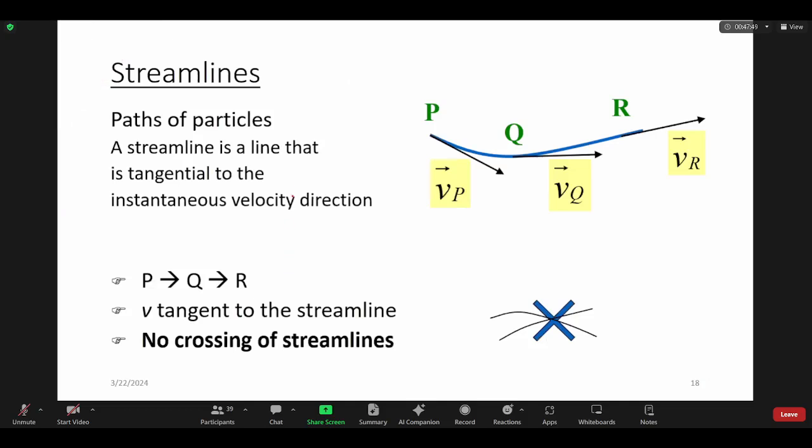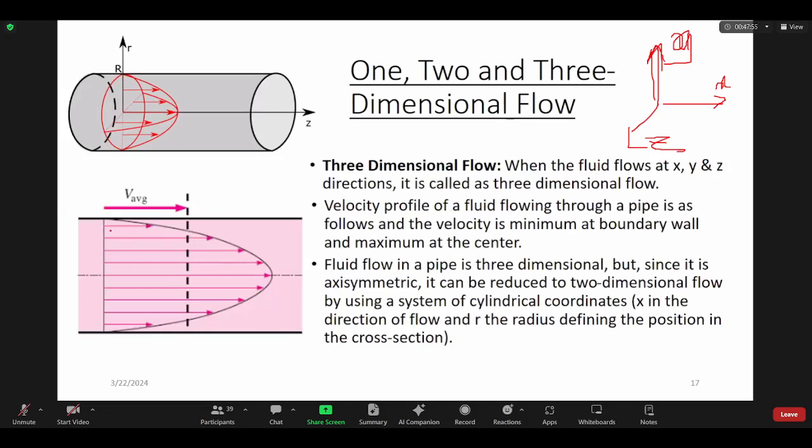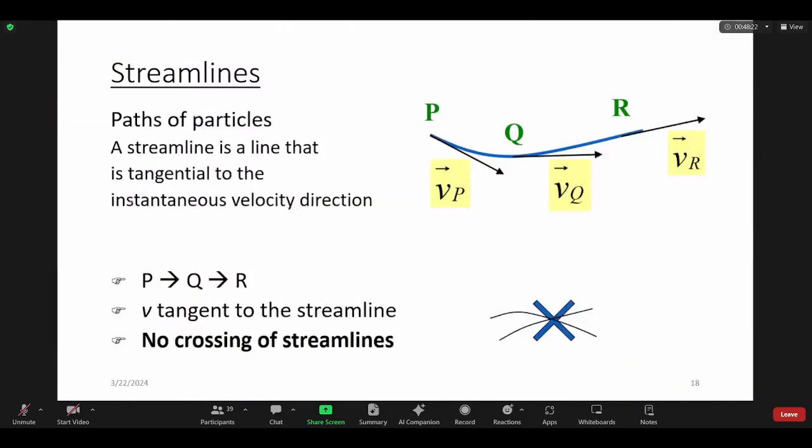Streamlines are a very important thing, as we can discuss the velocity profile using streamlines. You can see this is the minimum, a little bit small one, and you can identify different sizes. This one is the maximum, meaning velocity is very high. Using streamlines, you can identify the velocity profile. A streamline is a line that is tangential to the instantaneous velocity direction, the path of particles.